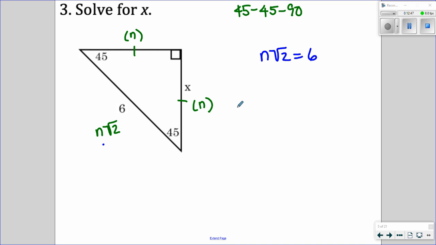Now I need to solve for n. When you're dealing with radicals, and you have to isolate the variable, for this one, you're going to divide. So you're going to divide by this root 2 on both sides. So that will cancel this out, and then you have n by itself.